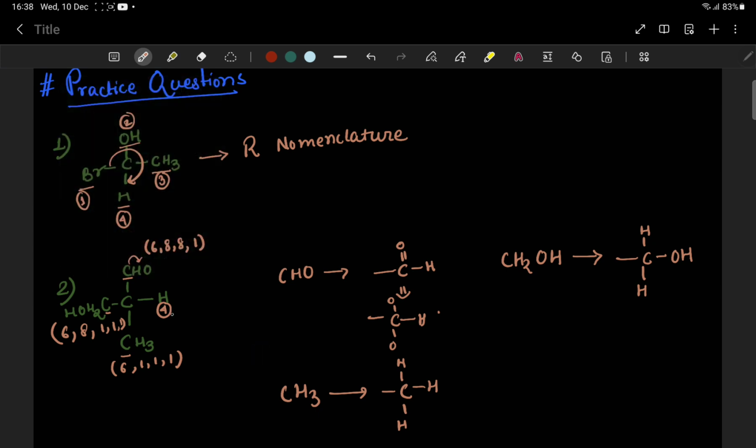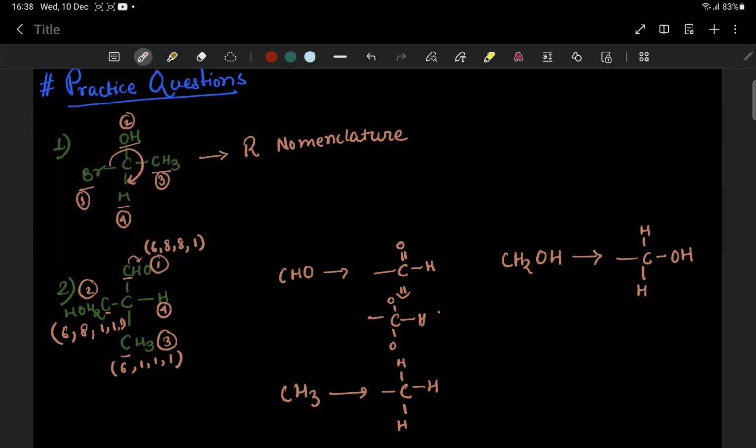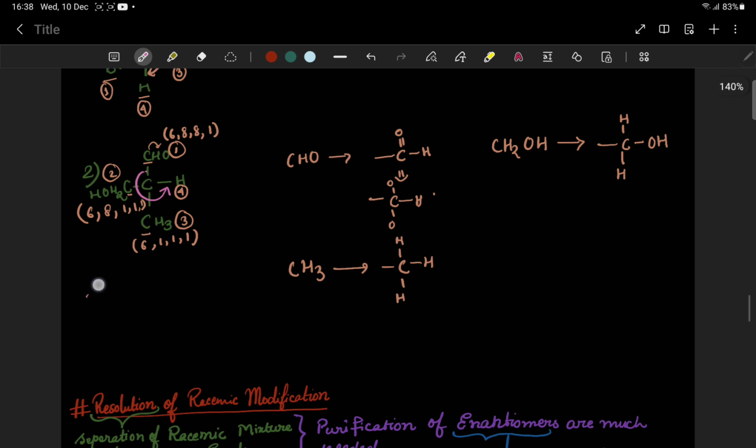This is 4, then CH3 is going to be the third priority, CH2OH is going to be our second priority, and CHO will get the first priority. As it gets the first priority, we will try to draw the whole thing. See, here is our 1. We will have to move through 2, 3 and then 4. Here I move through here, and it's an anti-clockwise direction. So this is our S nomenclature.